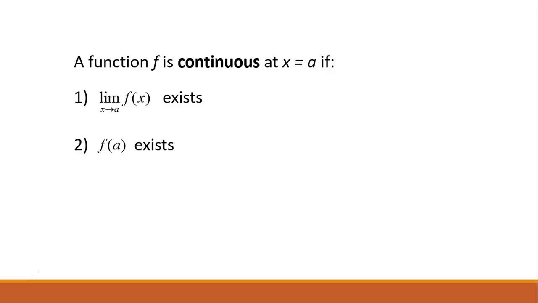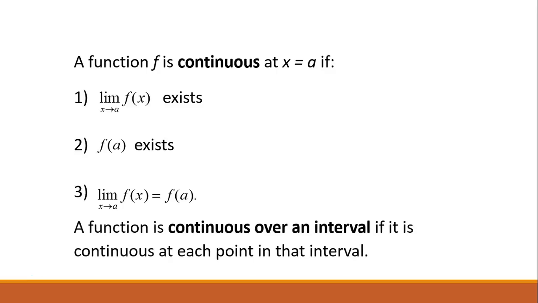And if both of those are true, then we have to see if those values are equal to each other. If the limit as x approaches that value is equal to the value of the function at that same value, then we can say that our function's continuous. So we're going to have this three-step process we follow to determine if a function is continuous at a point.